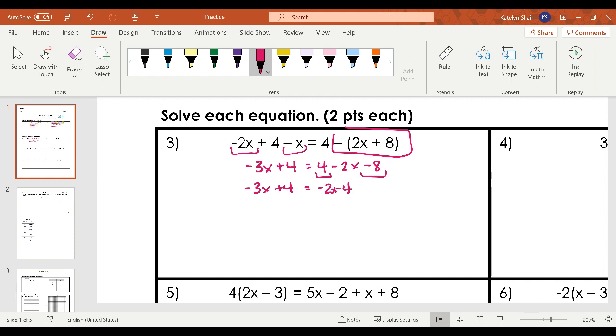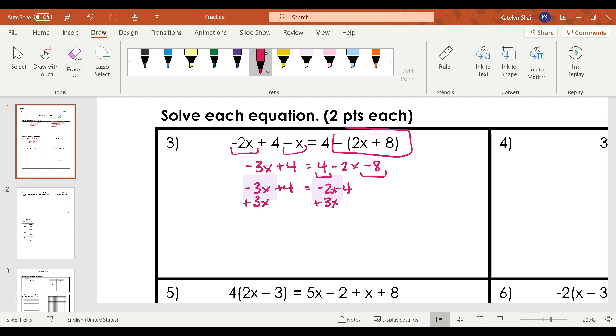Okay, now it is time to start thinking about what is important. Okay, so first let's focus on the x's. I have a negative 3x and a negative 2x. And remember, I don't want to be negative, right? I want to be positive. So if I add 3x to both sides, that would make me negative.